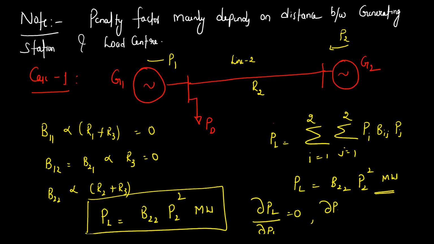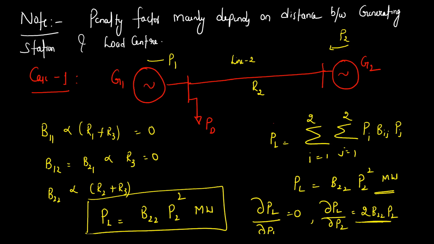Your ∂PL/∂P2 term will become 2 times B22 P2. Here it is a unitless quantity. The incremental transmission loss will become this. Okay. So the penalty factor will become how much?